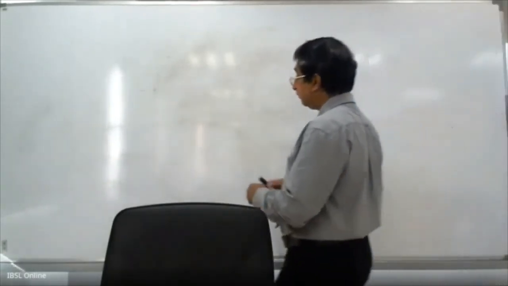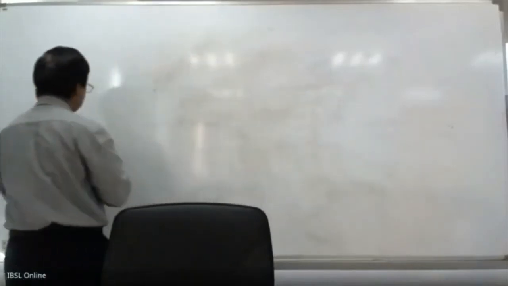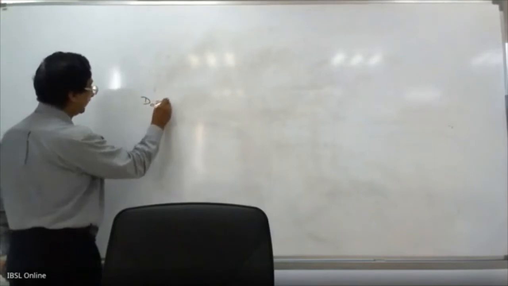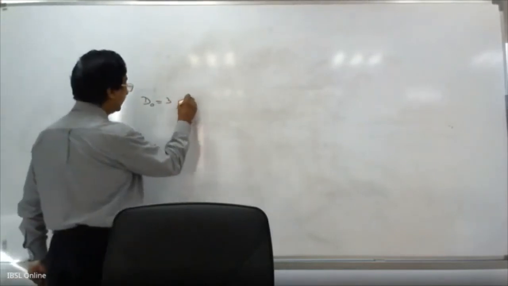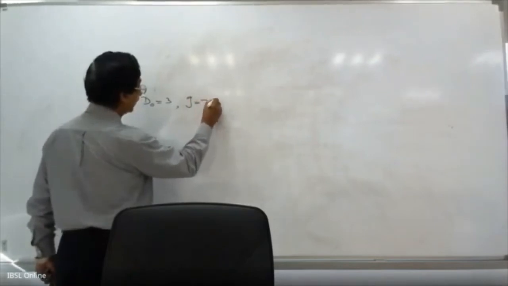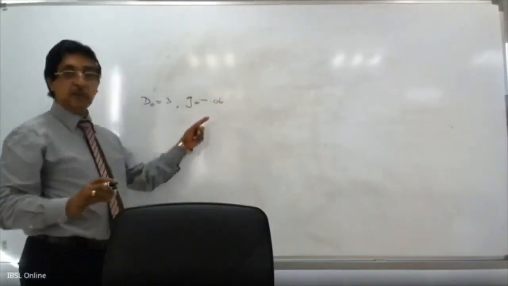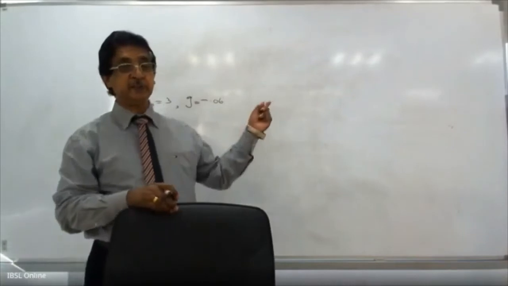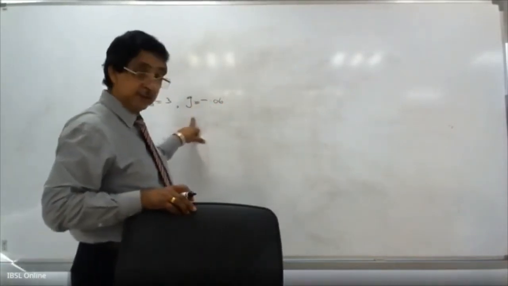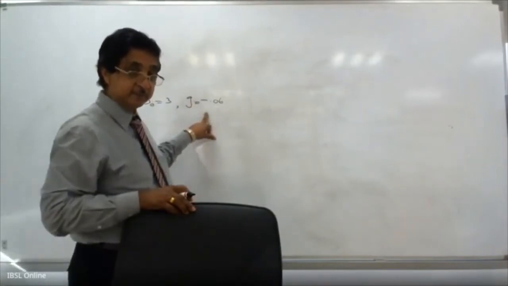Now, the available information we have jotted down this way. D0 is equal to 3. G is equal to minus 0.06. Rather than put in 6%, I have just put 0.06 because this is a decline, so we have put it as minus.